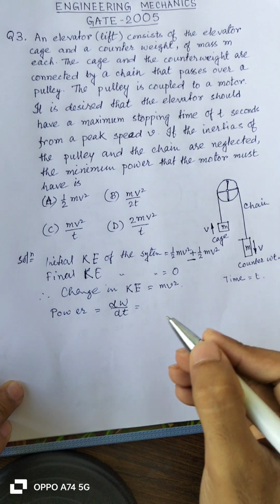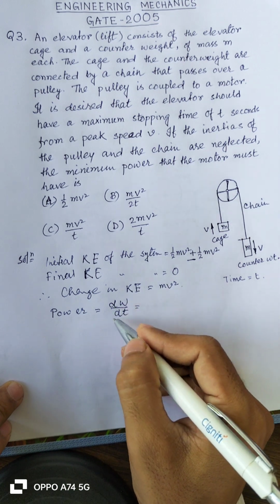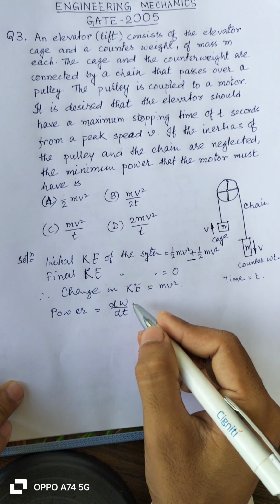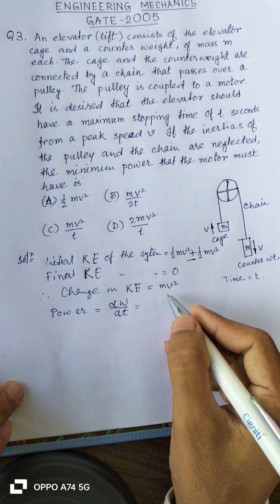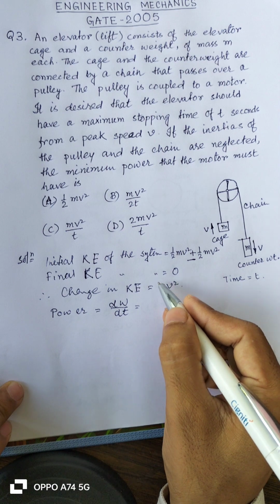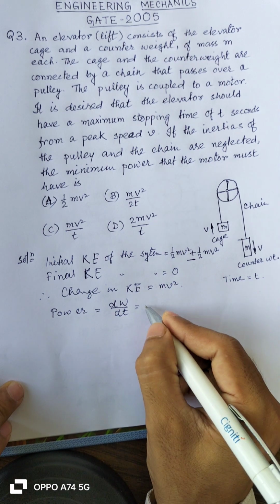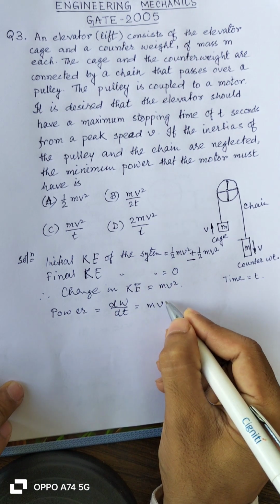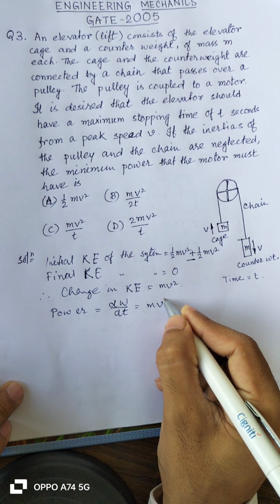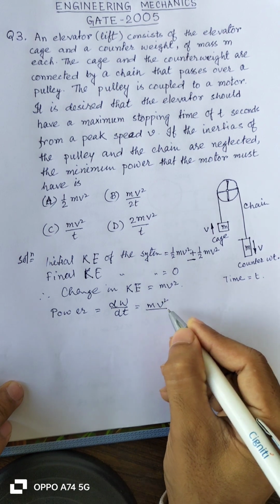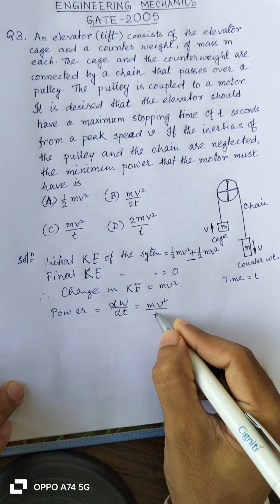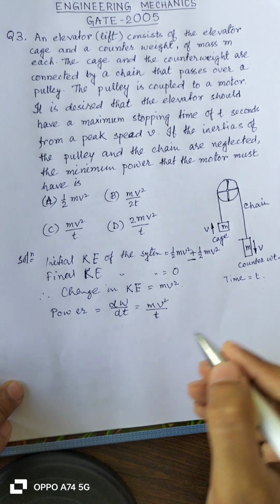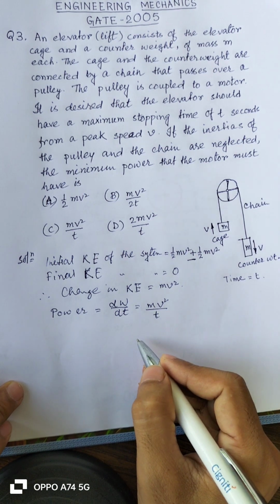So the work done required is equal to this change of kinetic energy, that is m v square. This is divided by t, in t seconds. So m v square by t.